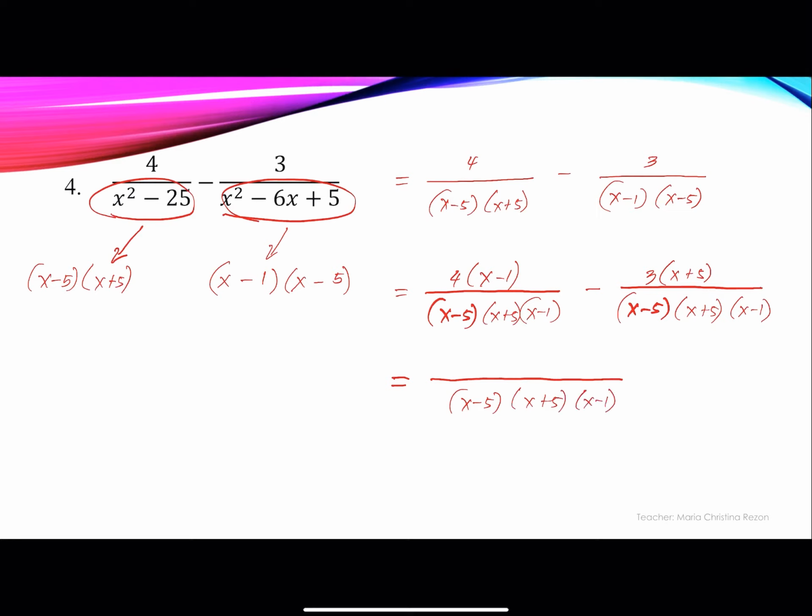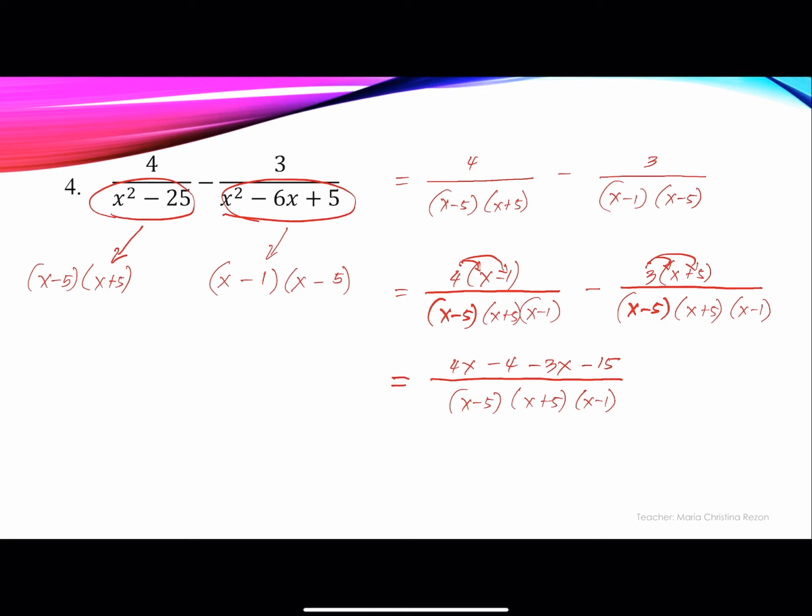And then you distribute this, so that is 4x minus 4. And then you distribute 3, but there is a negative sign there, so you will have negative 3x, negative 3 times 5, so that is negative 15.